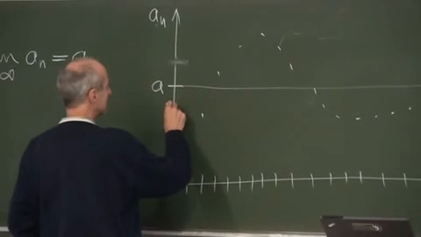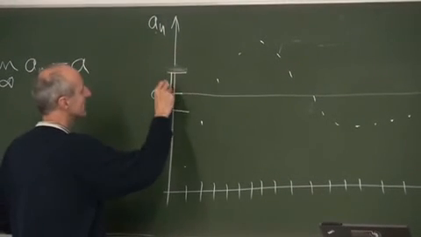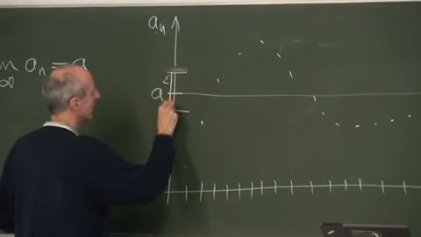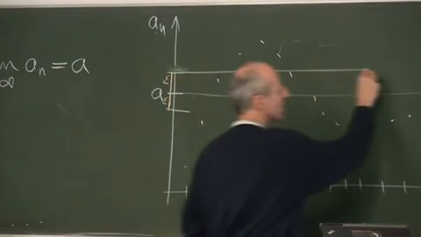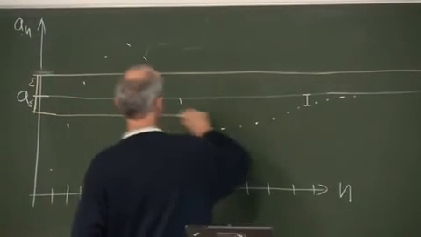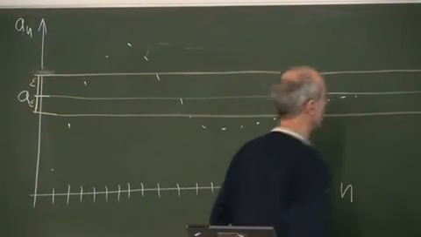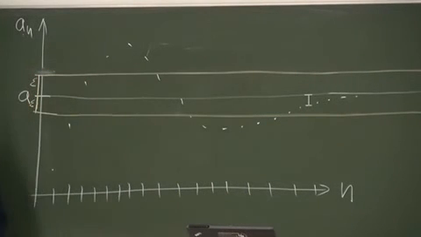Smaller than some epsilon means that I can give any epsilon, let's take a small epsilon like this. So this is epsilon and this is epsilon. And now I get such a narrow ribbon around our limit.